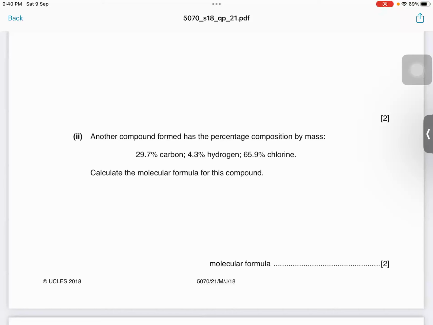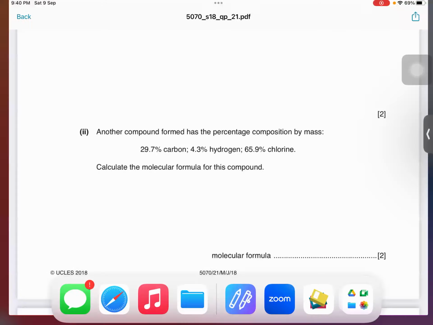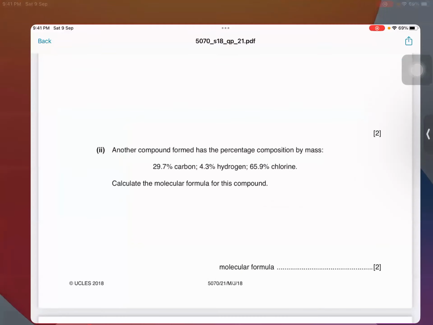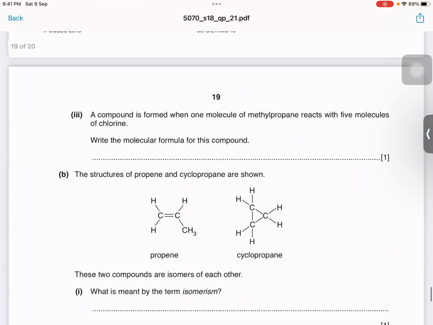Calculate the molecular formula of this compound. Check the answer. Yes, this is correct. Alhamdulillah. The molecular formula is C4H7Cl3. Yes, this answer is correct. Now, this is a totally different question.